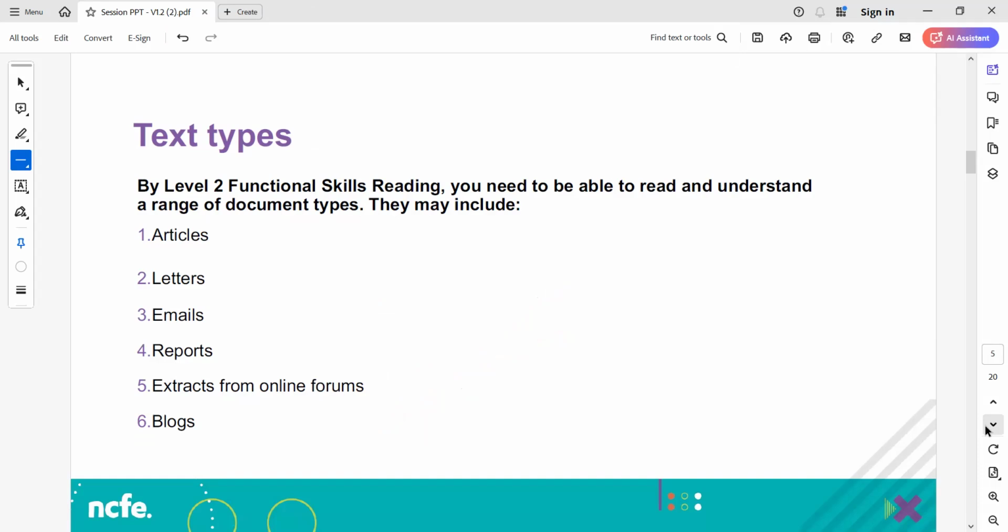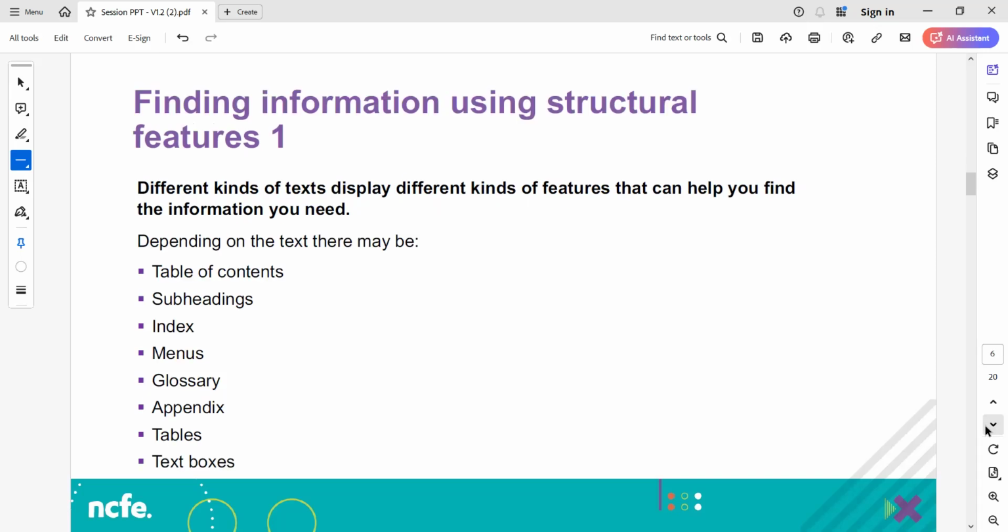You should be able to read various documents and also to identify the type of document that you are reading. The different text types have different features, and these features can help you find the information you need.